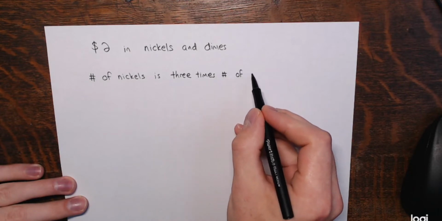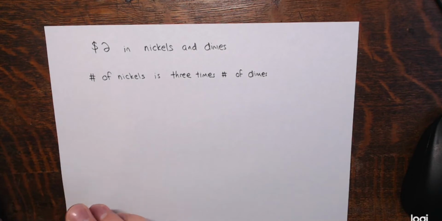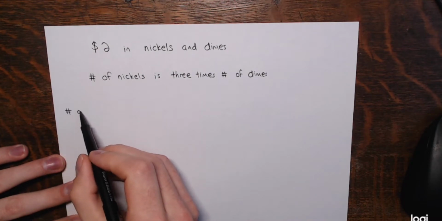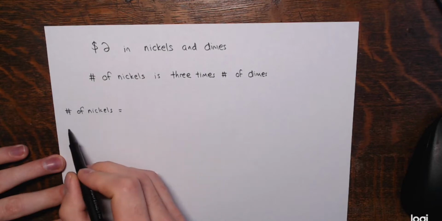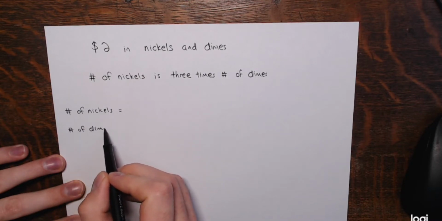I'm just writing the information we were given. So how many of each are in the drawer? So that's what they're asking for. We're asked for the number of nickels, which I don't know, and the number of dimes, right? Something I also don't know.